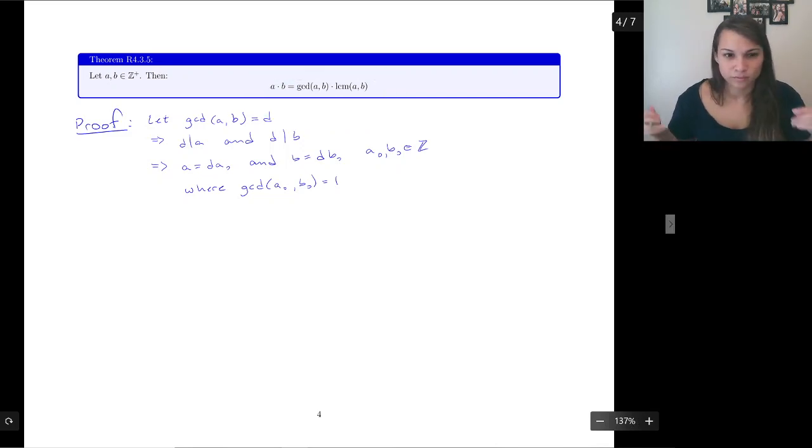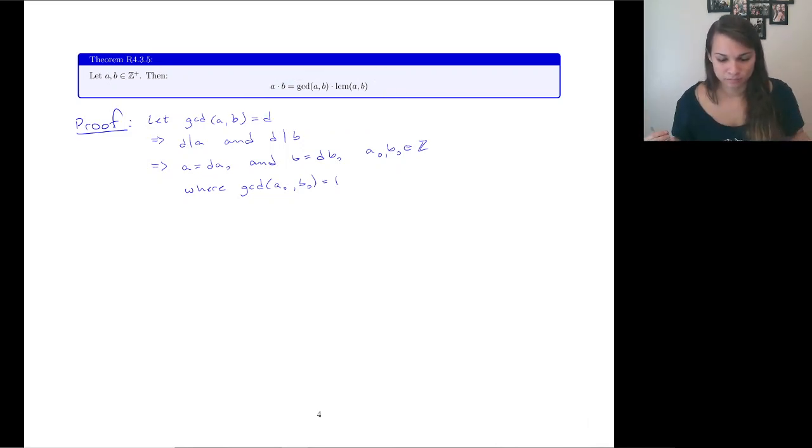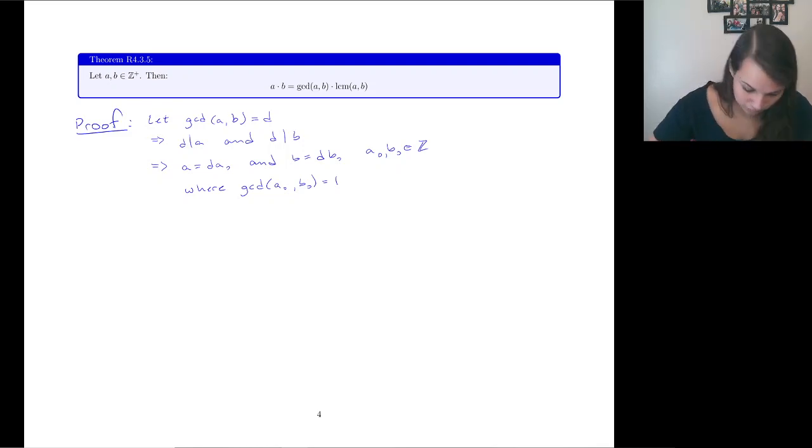Okay. With that in mind, let's start with, we know what a least common multiple is. It means A is going to divide that number and B is going to divide that number.